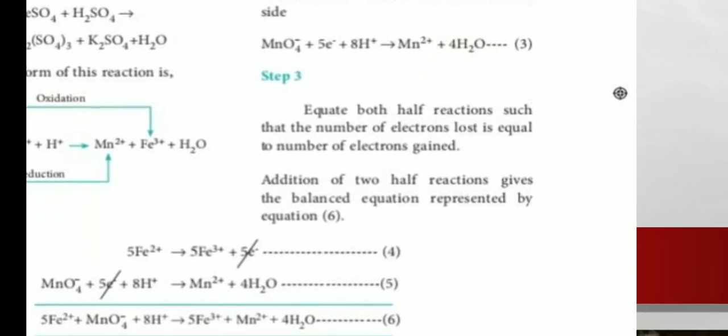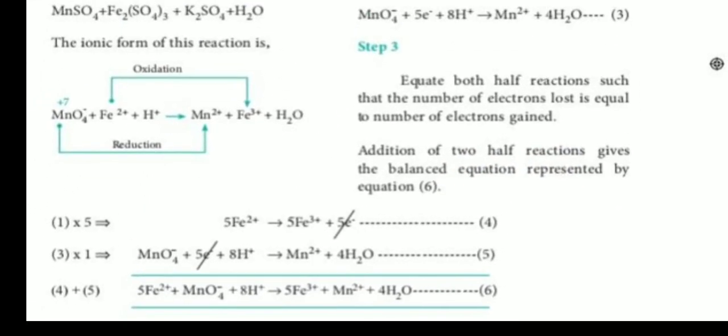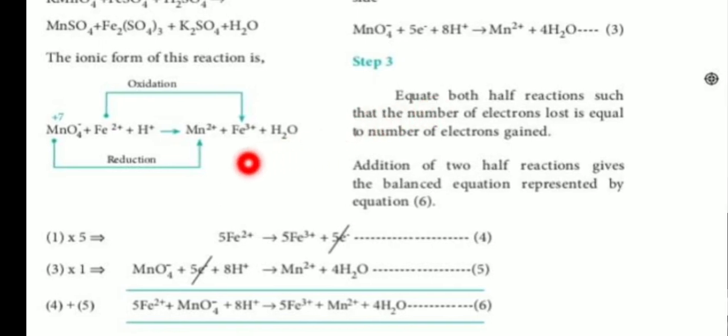Step 3. Equate both half reactions such that the number of electrons lost is equal to the number of electrons gained. Addition of the two half reactions gives the balanced equation. First, equation 1 multiplied by 5: 5 Fe2 plus gives 5 Fe3 plus plus 5 electrons.